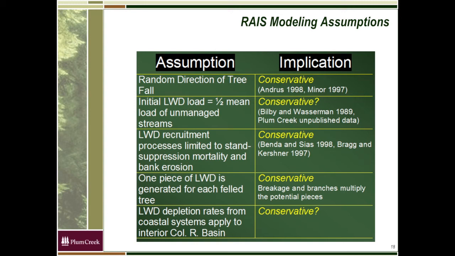Others are large woody debris loading relative to unmanaged streams, recruitment, and how much of that you attribute to stand suppression mortality and bank erosion. And how big, when the tree falls in the stream, how much large woody debris does it actually contribute, and the depletion rates.